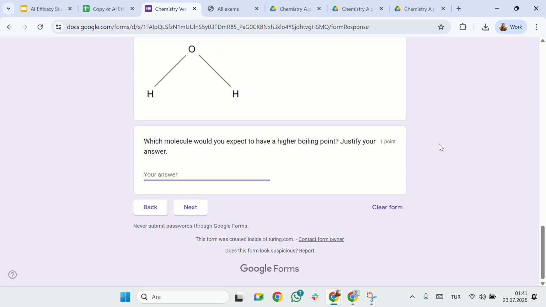Justify your answer. How much time do I have left? 2 minutes. I think the first diagram.